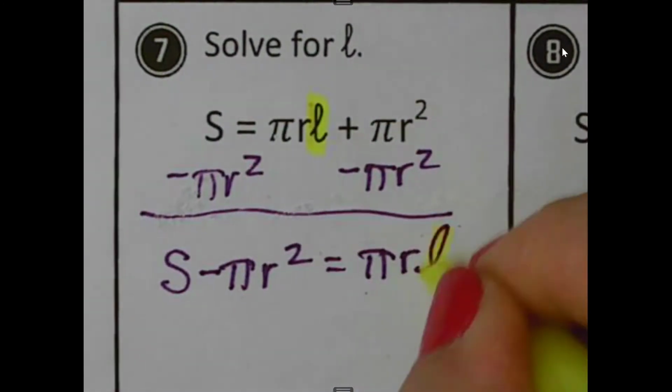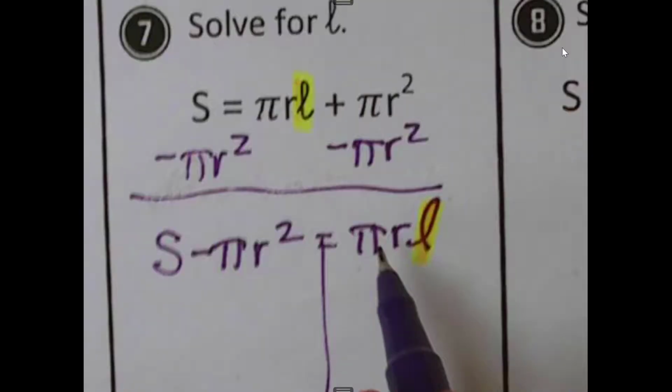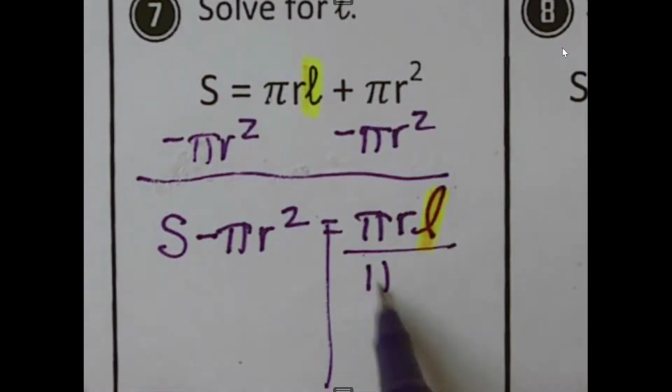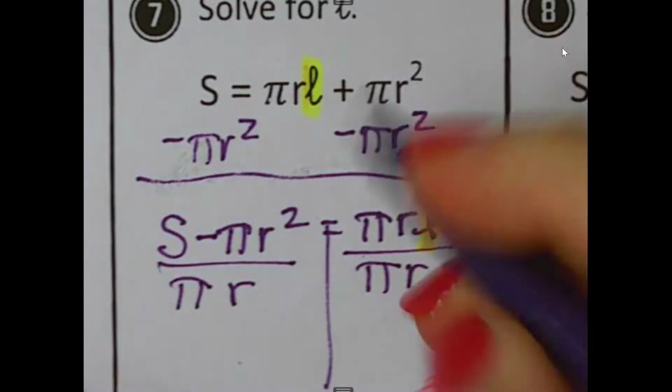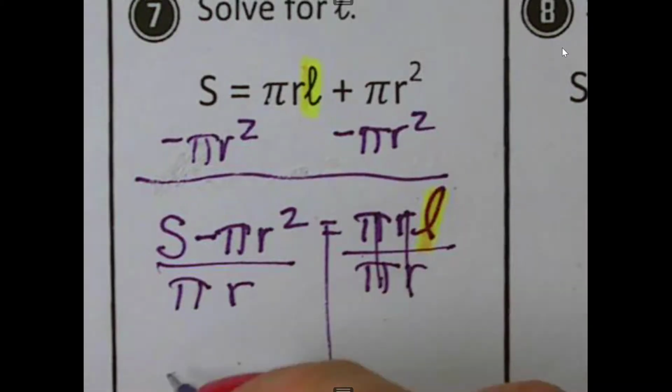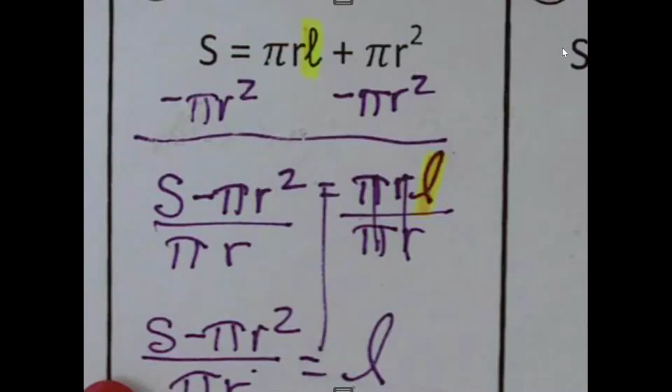Still solving for L. This is indicating multiplication, so I'm going to divide by pi r. And there's our answer, S minus pi r squared over pi r, and that's going to equal the L.